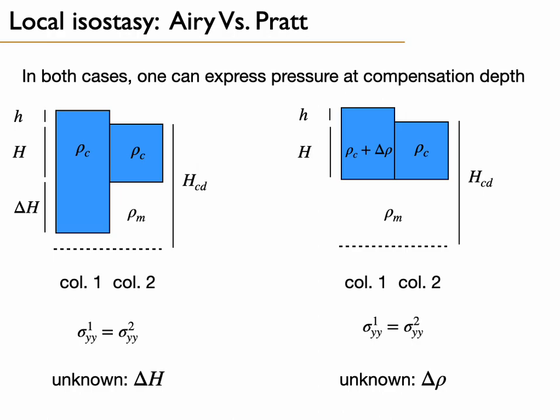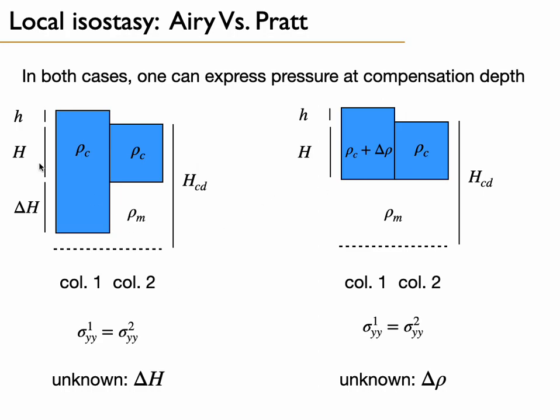So in the case of Airy, you would have this set of parameters, h, small h, large H, delta h here, and the same density between the crust and the mantle part here. While in the case of Pratt, you would not involve the density of the mantle, but you would involve a density difference between the two crustal blocks.